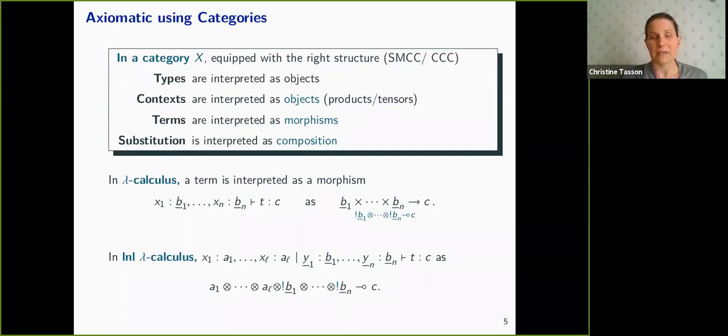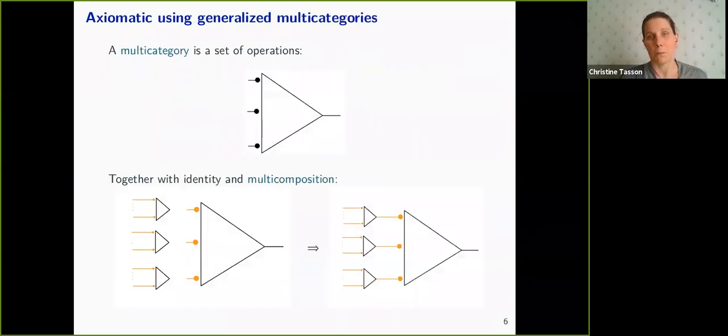And that is why we moved to a multi-category setting, where a multi-category is a set of operations which takes a sequence of inputs and which outputs a single output. And this set of operations comes together with the identity to interpret the axiom, and with a multi-composition to interpret the application.